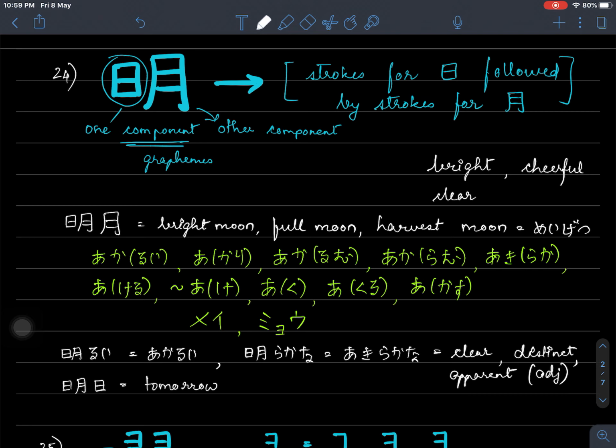I cannot think of any shortcuts, but if you can think of it, please do share it with me in the comments. This is read as asu. And of course, the more common and easy to remember word being ashita. Ashita is what most people are taught when they're doing the JLPT study. There is one more.